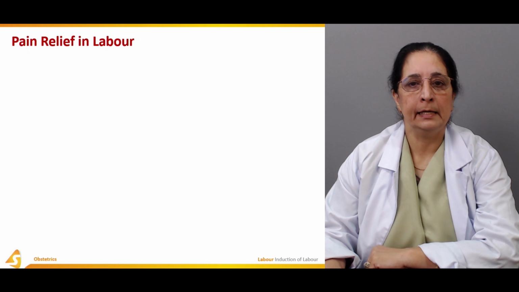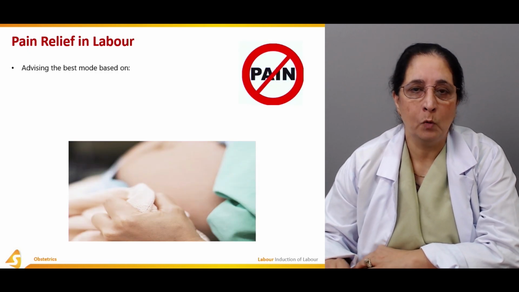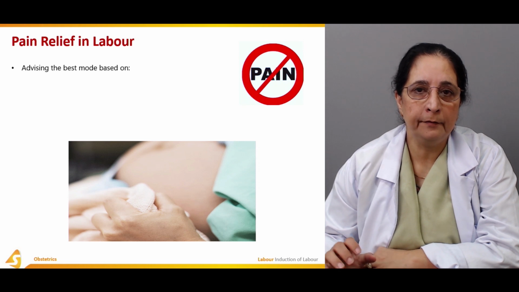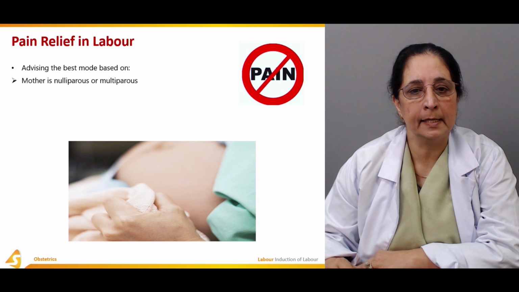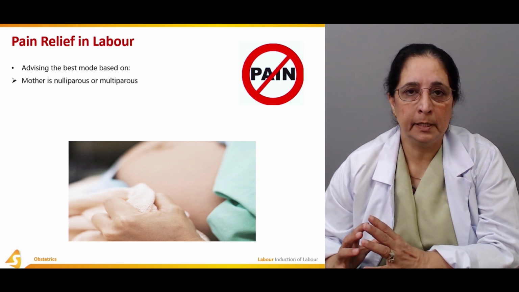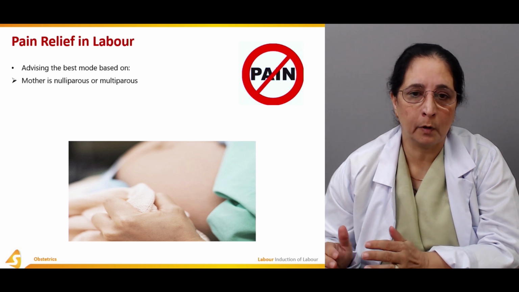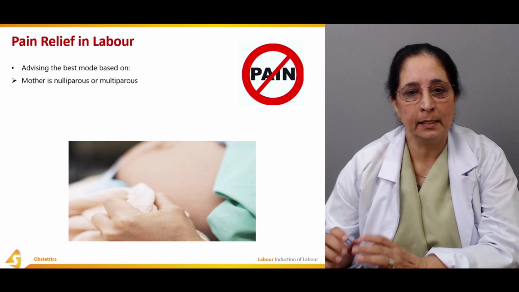Pain relief in labor. Advising the best mode for the relief of pain is usually based on whether the mother is nulliparous or multiparous. So parity plays an important role in advising the best mode.